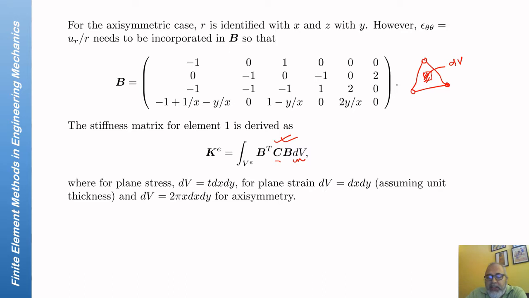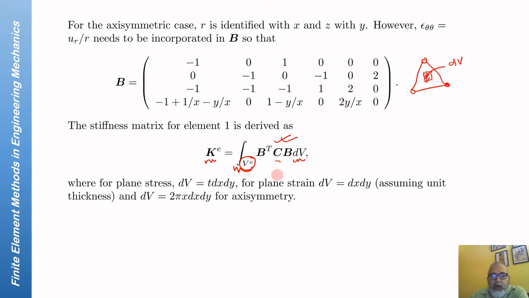Now, the key point here is to evaluate this local stiffness matrix. You have to evaluate this integral, which is taken over VE, where VE is the area of this element for the two-dimensional case, and it would be the volume of the element or length of the element in the three-dimensional and one-dimensional cases. And accordingly, you will have to interpret dV.